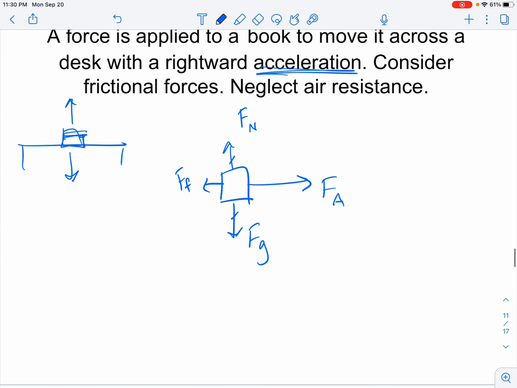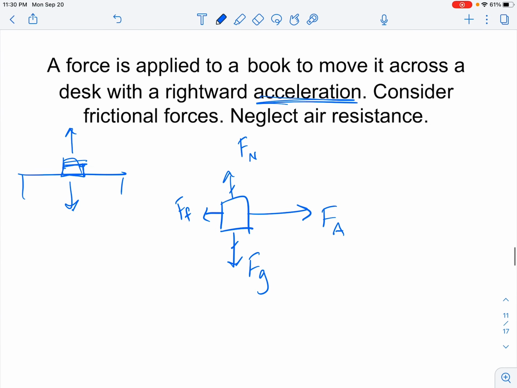So if we were to look at the book on the table that is accelerating, here we have unbalanced forces. We're balanced vertically, but horizontally they are not the same.